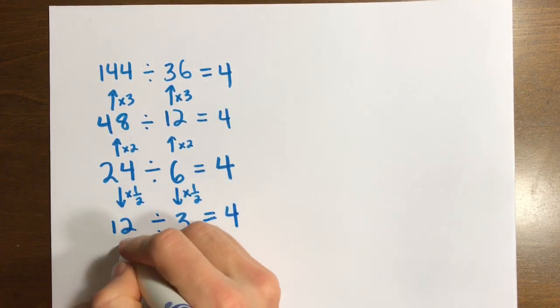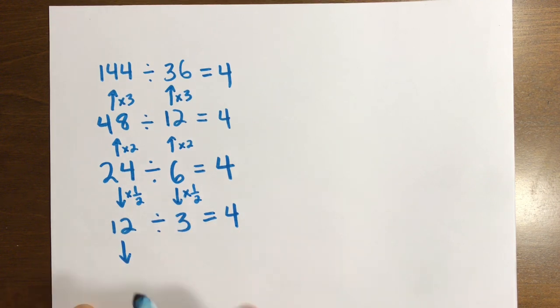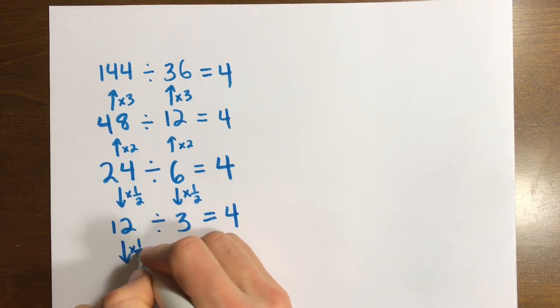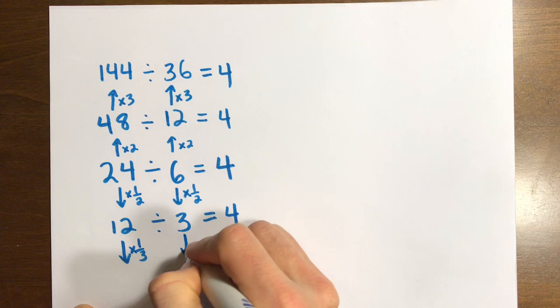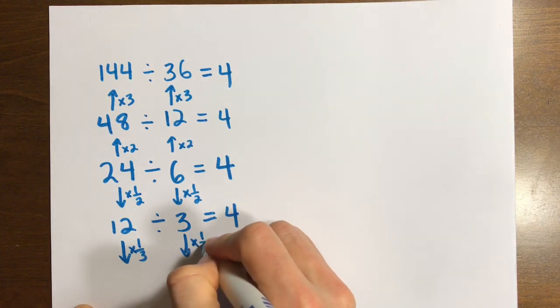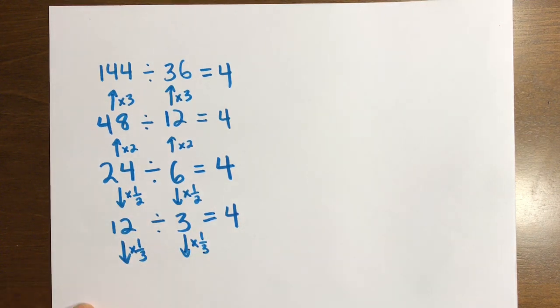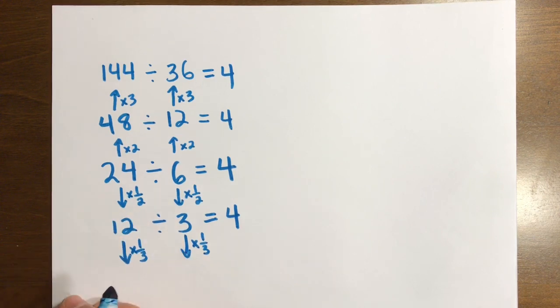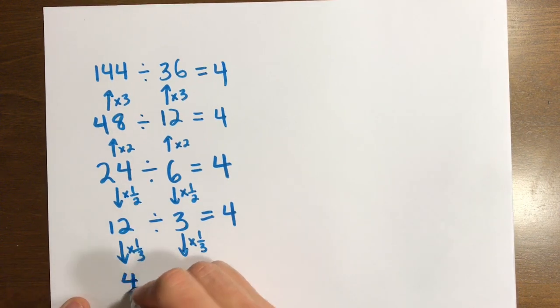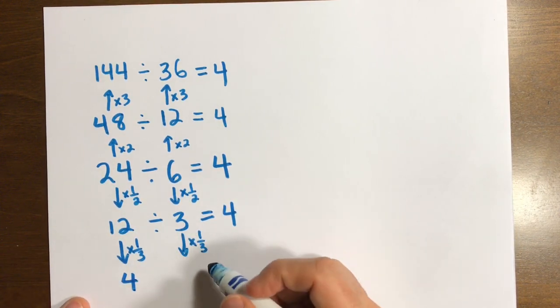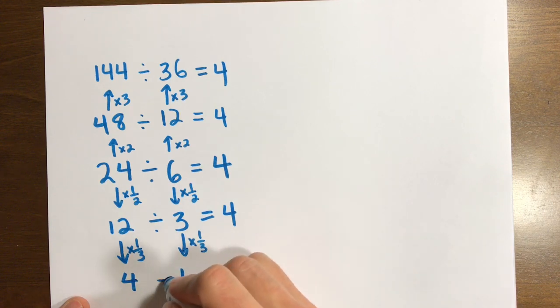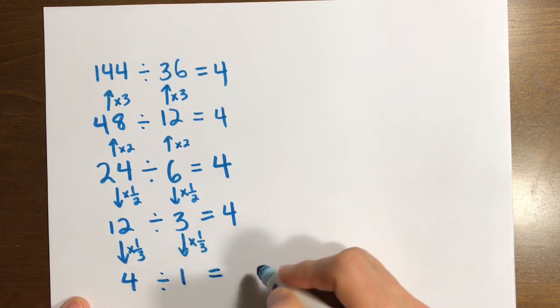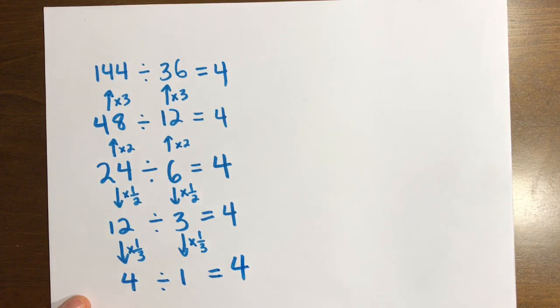Last one. Watch this. We'll multiply 12 times 1/3 and 3 times 1/3. Well, what's 1/3 of 12? Well, that's 4. And what's 1/3 of 3? Well, that's 1. 4 divided by 1, still 4.